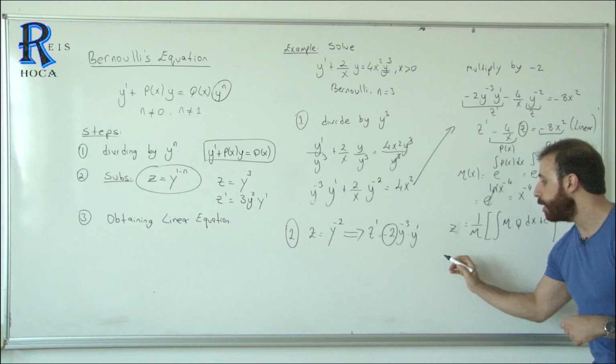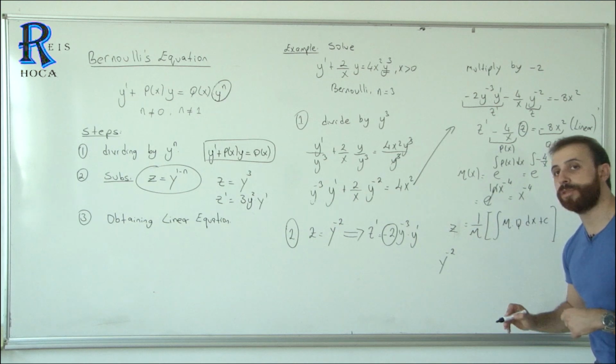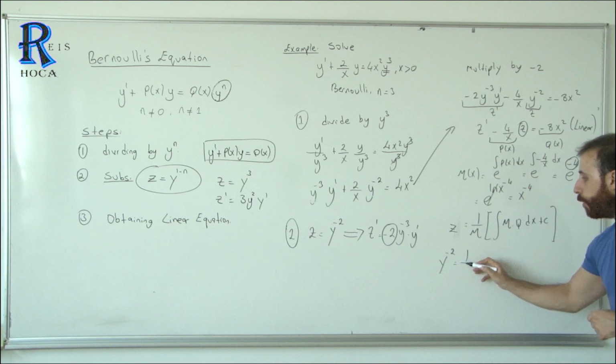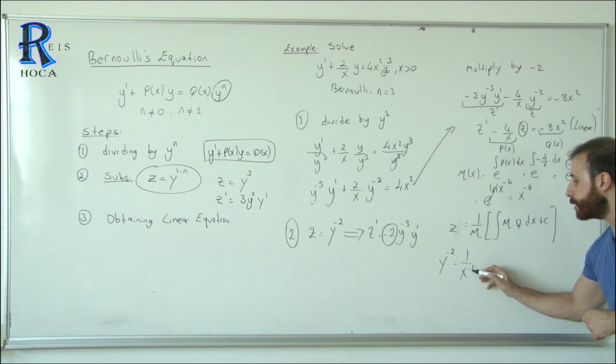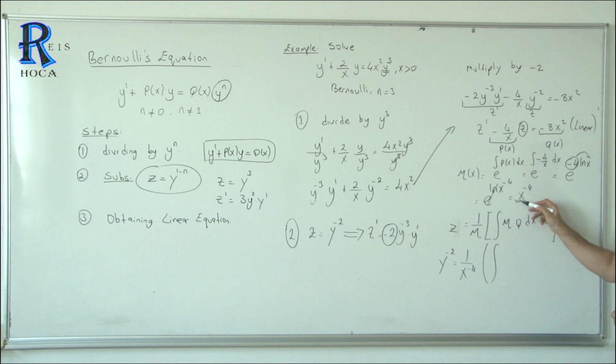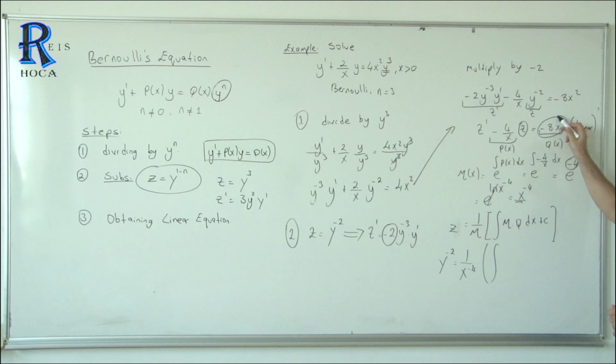We know that z is y to the power of minus 2, equal to 1 over x to the power of minus 4, times the integral of mu times q. Here there is mu. What is q? Minus 8 x squared. Minus 8 x squared times x to the power of minus 4. It will be minus 8 x to the power of minus 2 dx plus c.